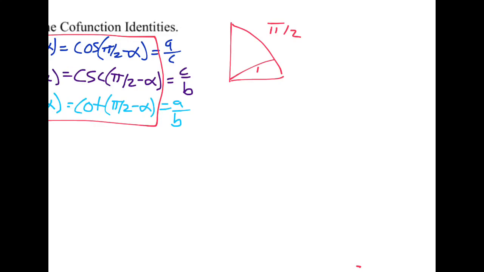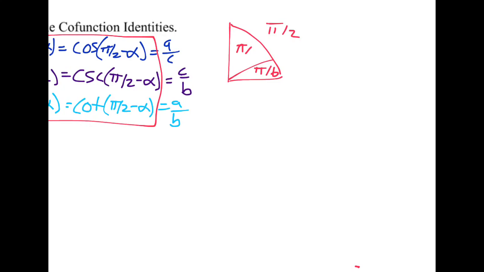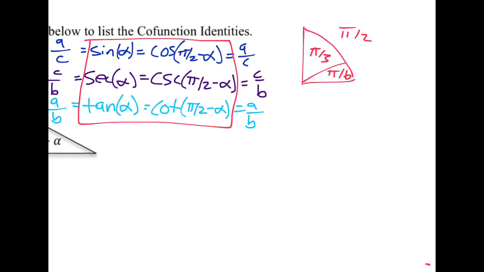Well, if I split that up, and if I were to subtract away that pi over 6, if I'm drawing that 30-degree angle, what's left? Well, 2 pi over 6, which is pi over 3. If I subtract that pi over 3 chunk, then what would be left? Well, pi over 6 would be left. The angles complement. That's when we end up with these co-functions.